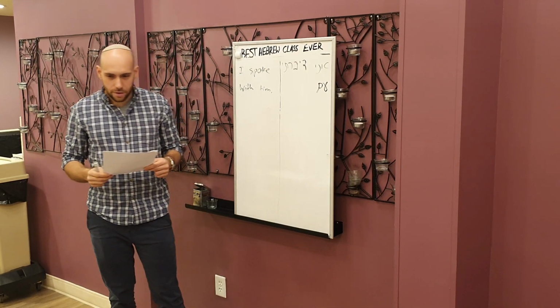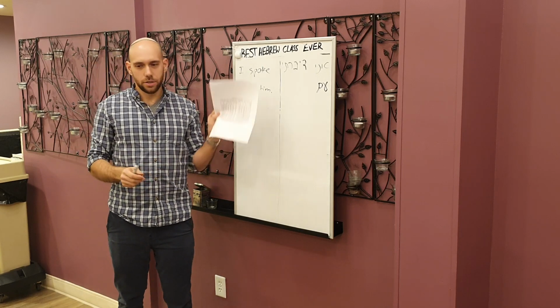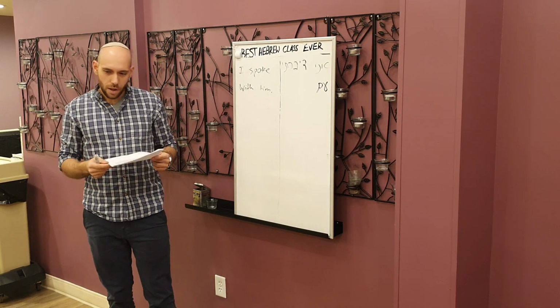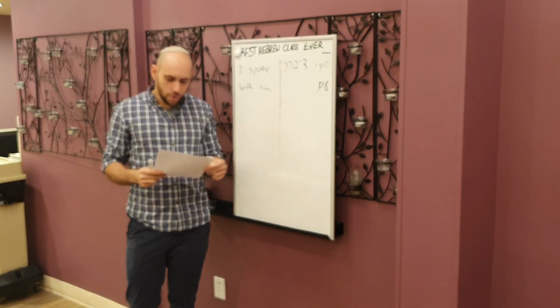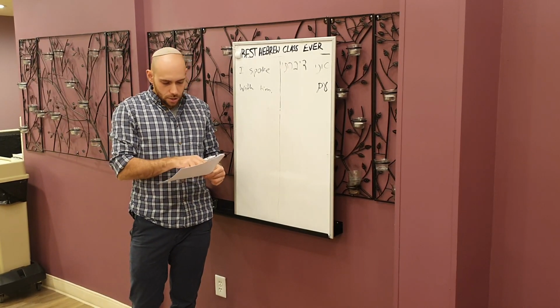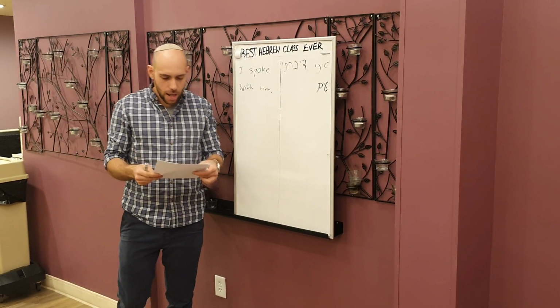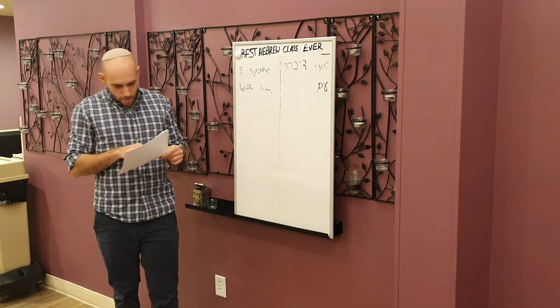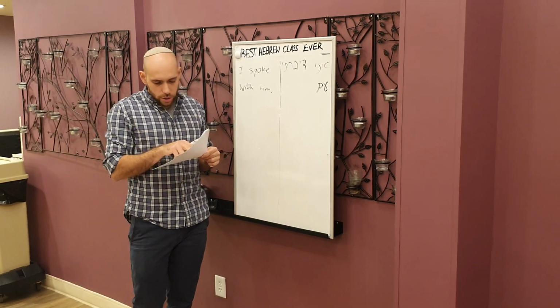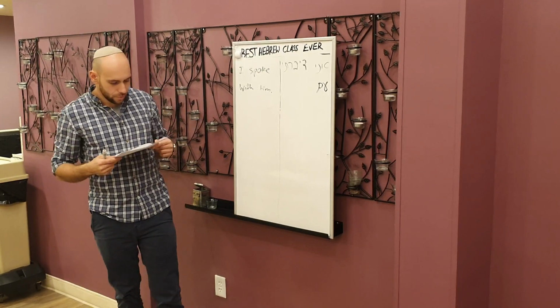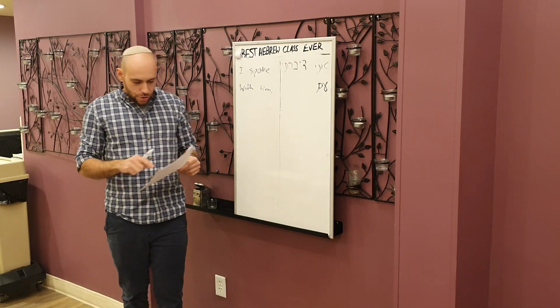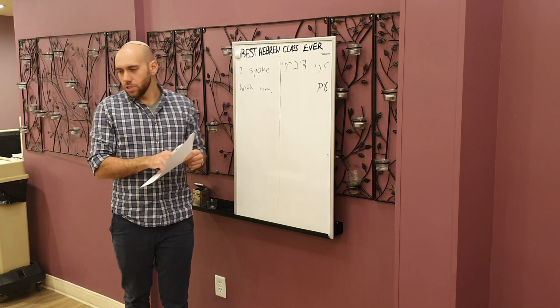Look at this chart here. Look at the two columns from the right. You've got im, the third column from the right, and right next to it you have another one called et. The word im means with.